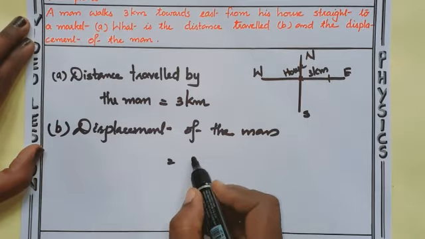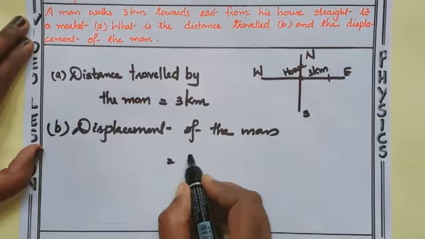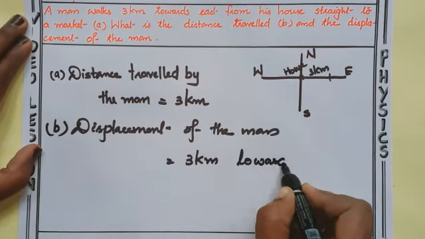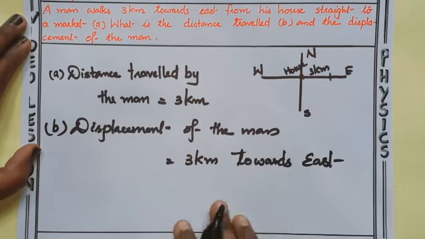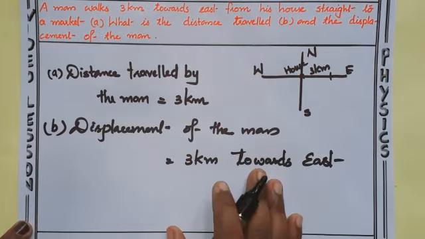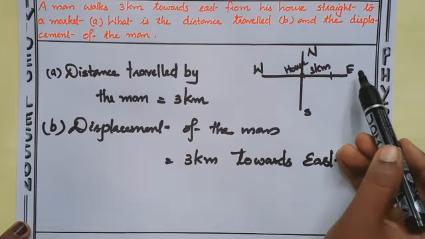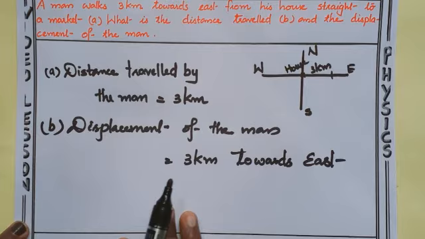So we write the displacement of the man as 3 kilometers towards east, 3 kilometers due east. A very easy question, but if there is a direction, you include that direction also in the case of displacement.